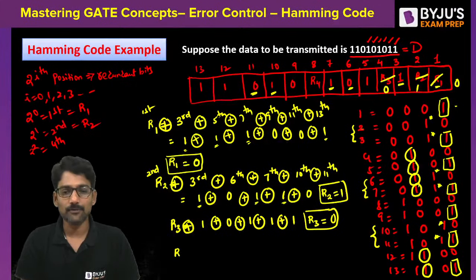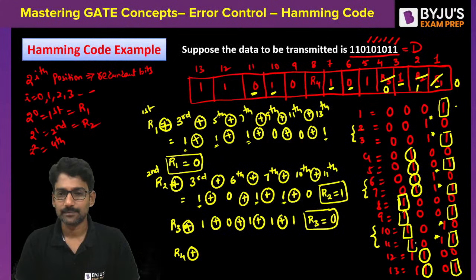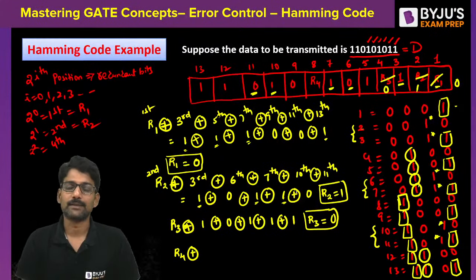Now for R4, R4 is at the 8th position. For the 8th position, where you have 1 in the MSB, right? So find out where you have ones in the MSB. For 8, 9, 10, 11, 12, 13. So include them. 8 is already included.